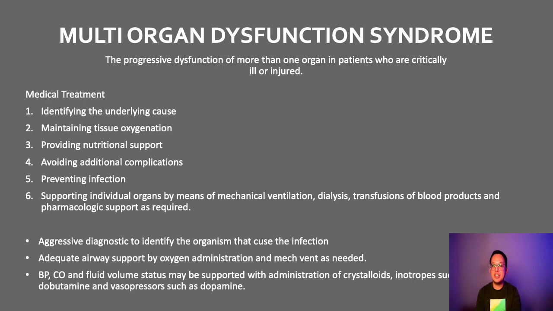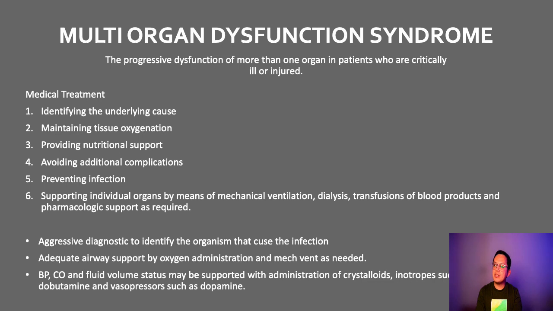Avoiding additional complications, prevent infection, and supporting individual organs by means of mechanical ventilation, dialysis, transfusion. Dialysis cleanses the blood for better perfusion to the organs, and transfusion of blood products and pharmacologic support is required.